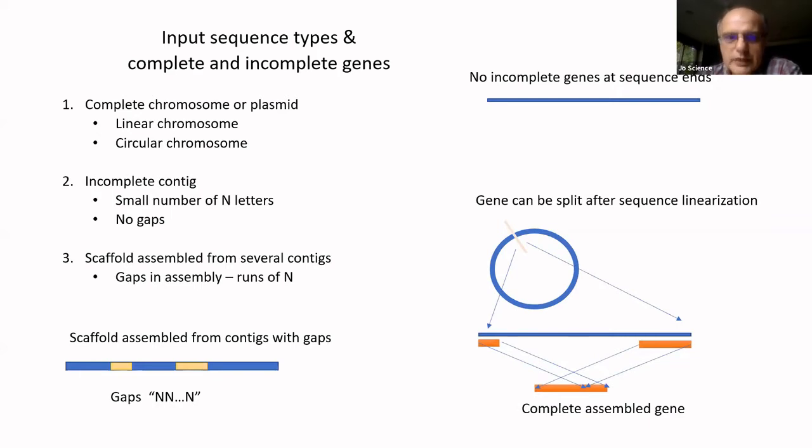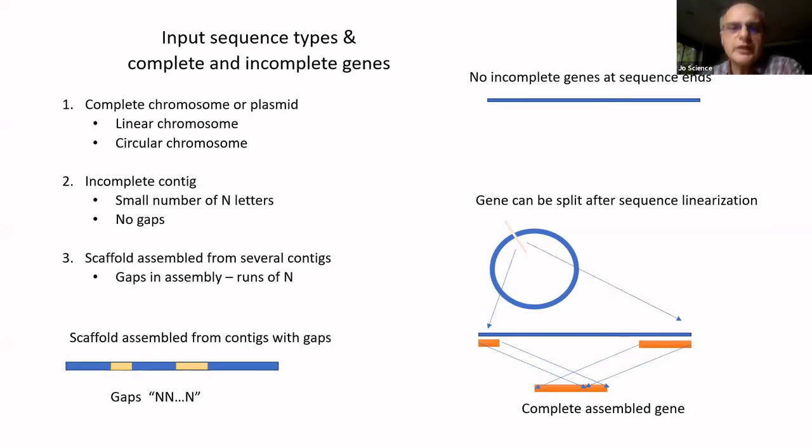But a complete genome is usually available at a very late stage of the genome publication. Usually we start with a draft assembly. We do the analysis of the draft assembly, trying to understand how good our genome is. And then there's later work to finish it and create a complete genome.